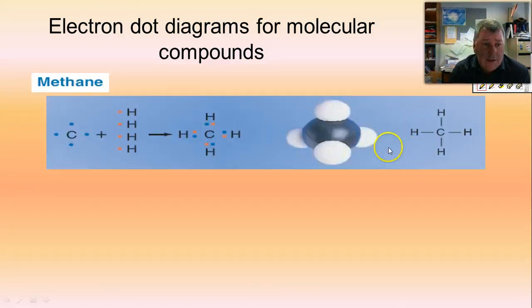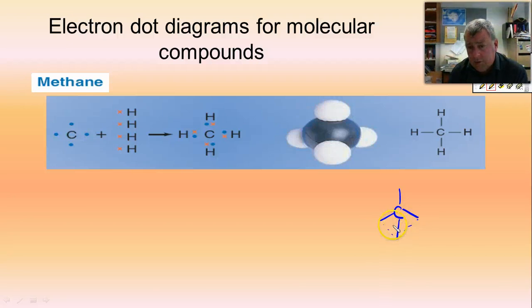Alright, what happens now? Methane, so carbon with 4 hydrogens, looks like this. We draw it like this, but this is a 3-dimensional representation. You can see the bonds would actually be representing themselves. If that's our carbon, we'd have bonds representing themselves into a tetrahedral, if I drew this correctly.